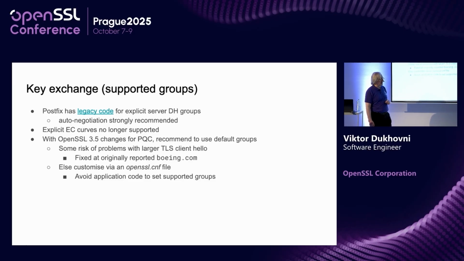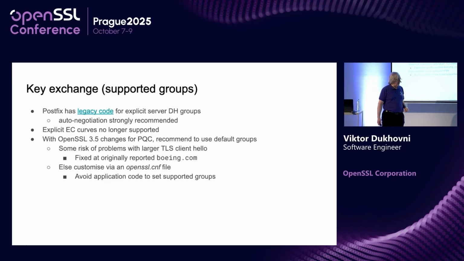I also mentioned that we hear every once in a while of servers where the larger client hello that results from sending MLKEM key shares by default in OpenSSL causes some problems with some middle box. Usually it seems they fix it within weeks to months.